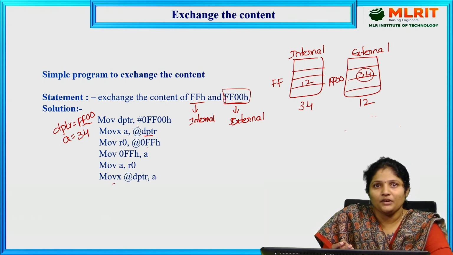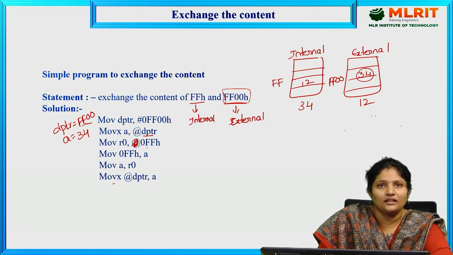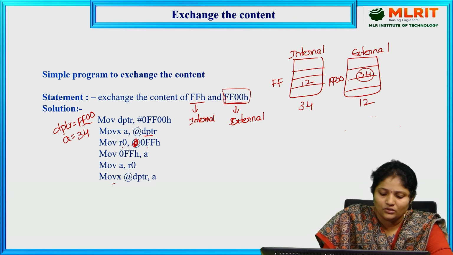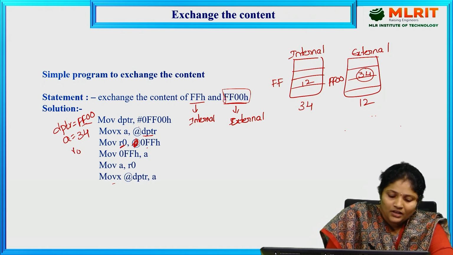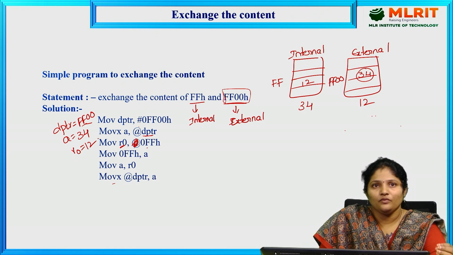What is the data present in the FF location? It is 12. So here there is no need to write @. The data present in FF location is 12, and that 12 is loaded into the R0 register. R0 now has the data 1, 2. Now we have two contents in two registers.